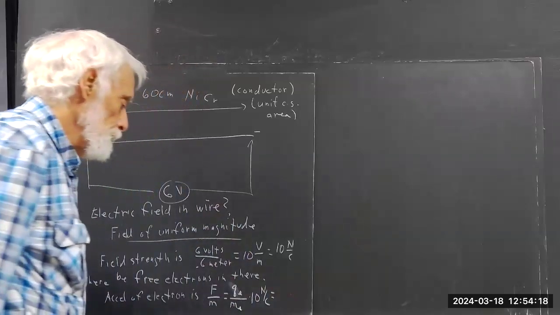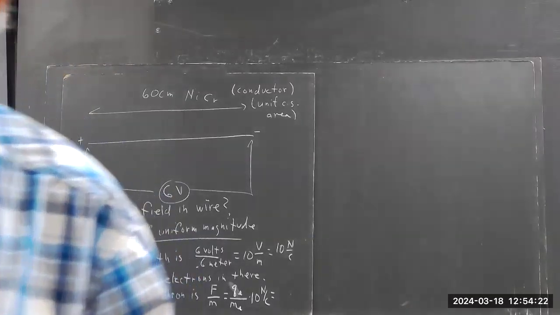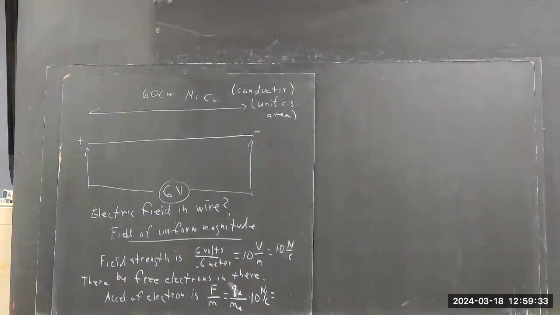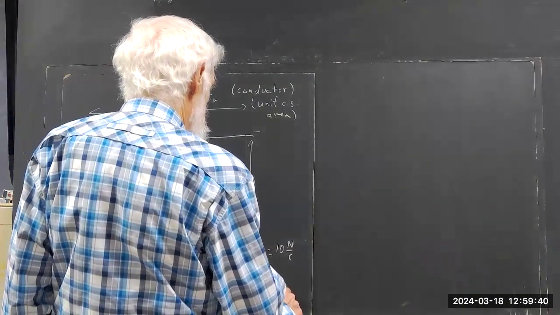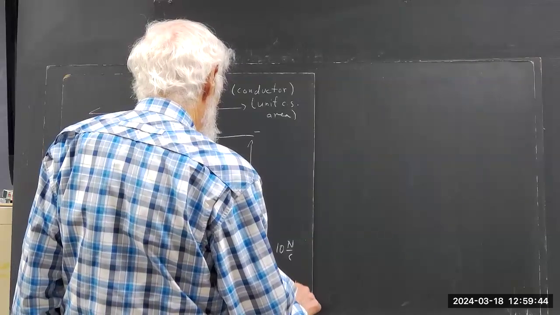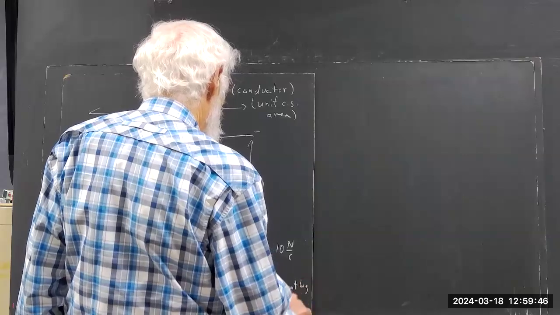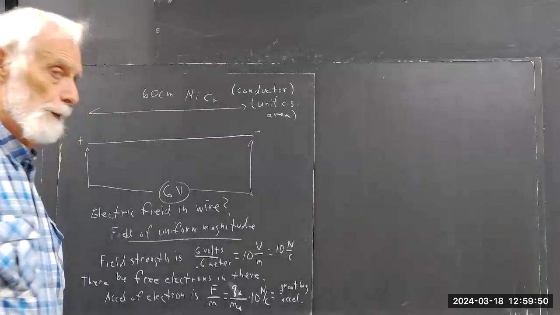E is 10 newtons per coulomb. What's the charge on an electron? It's a great big acceleration.